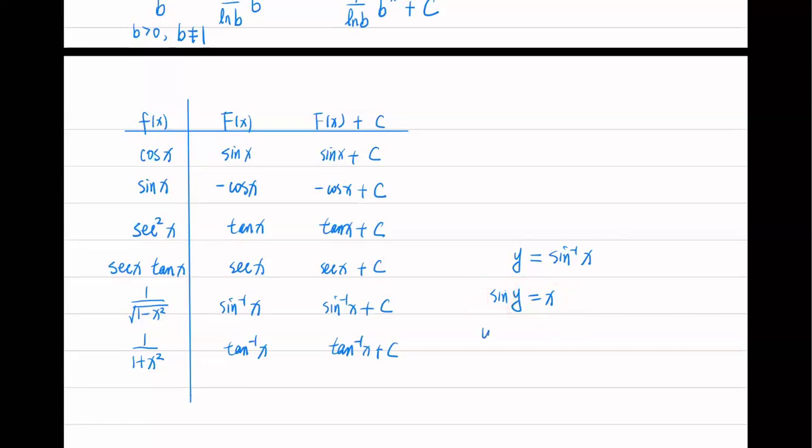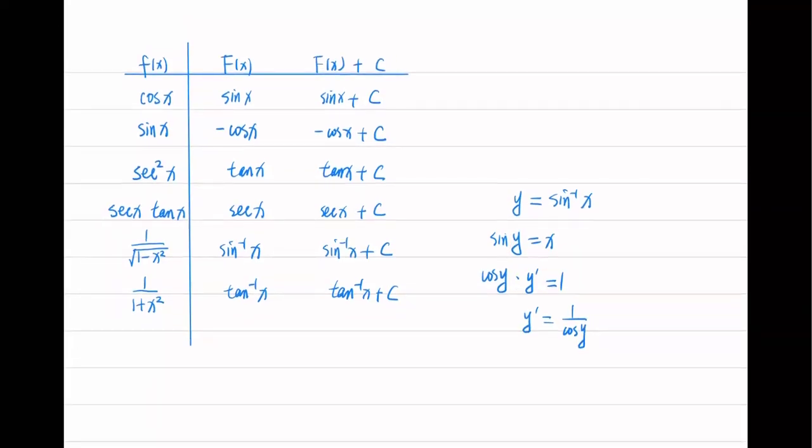Get cosine y times the derivative equals 1. Then since sine y is x, for the cosine y, after some checking and simplifying, we get 1 over.